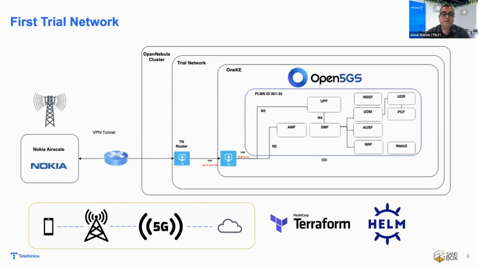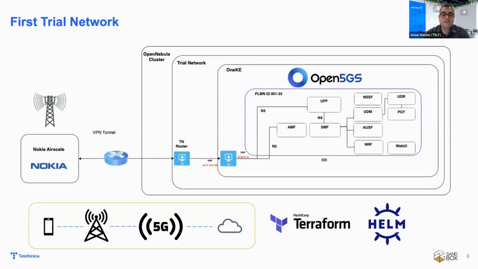The third step is, once the OneKE cluster is ready, we use Helm to deploy the Open5GS core inside the cluster. And the connection with the physical radio happens automatically.